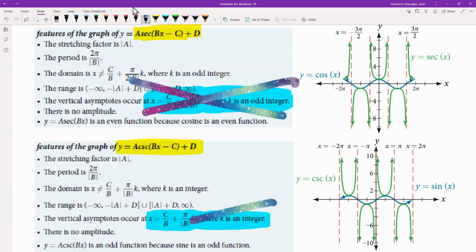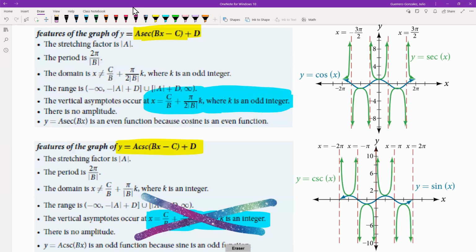They're there for you to reach for, and they're useful if you want to double check your work. Like I said, the logic for determining those asymptotes is the same as what we did with tangent and cotangent. But that is not usually how we graph secant and cosecant.